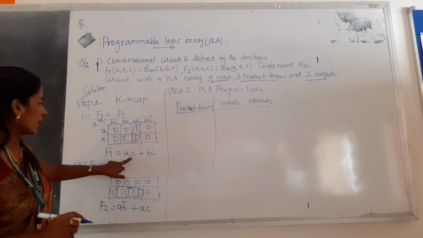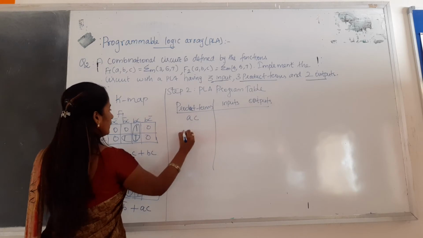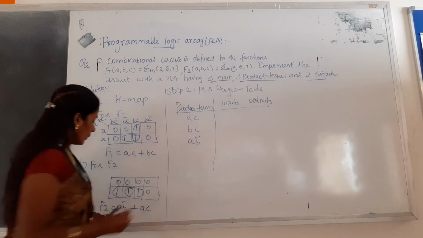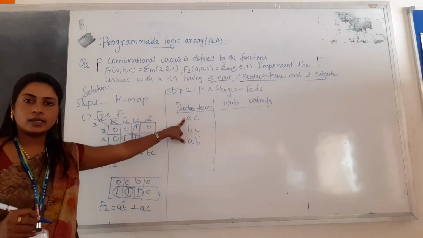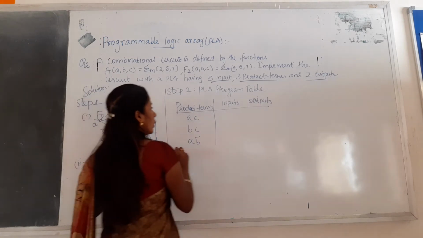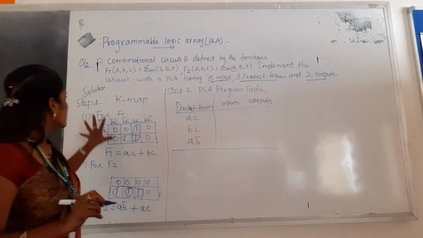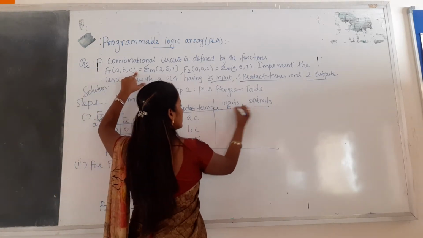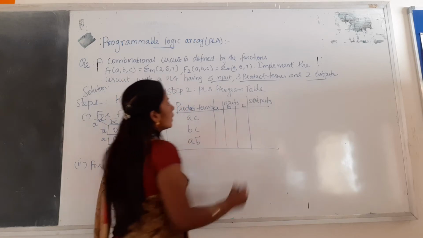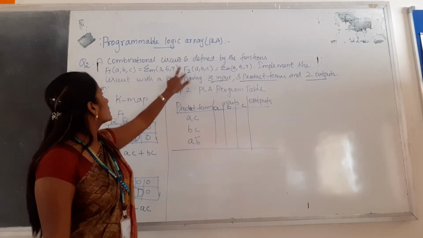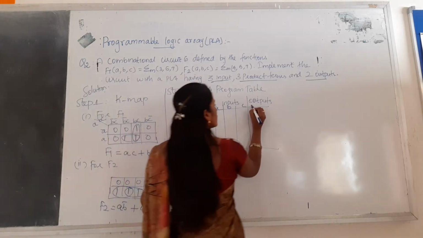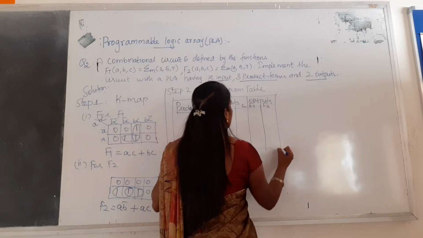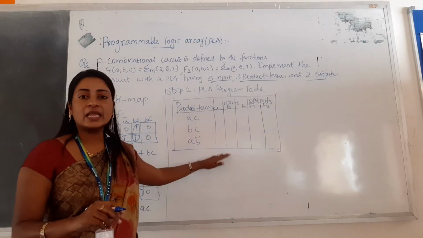The product terms are AC, then BC, AB bar. Again I have AC, but AC is already mentioned here, so no need. So product terms are over. Inputs: how many inputs? 3 inputs, A, B, C. Outputs: 2 functions, F1 and F2. This is my PLA program table.